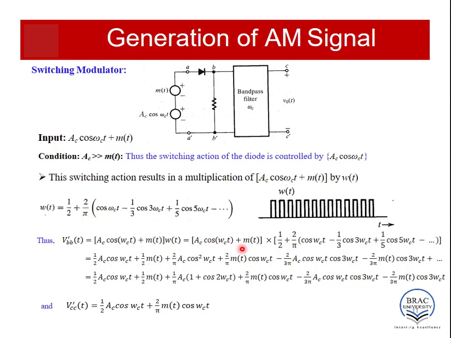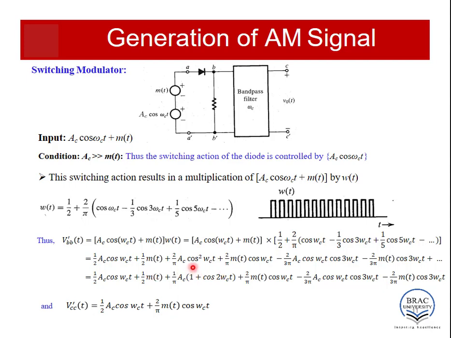Now we are replacing w(t) in this equation by this Fourier series expansion and we will get this. Now multiplying these two signals, we can reach this equation. Obviously, there are some other higher terms containing odd frequencies of omega c like 5 omega c, 7 omega c. We are ignoring them because they will be eventually suppressed by a filter in the next stage.